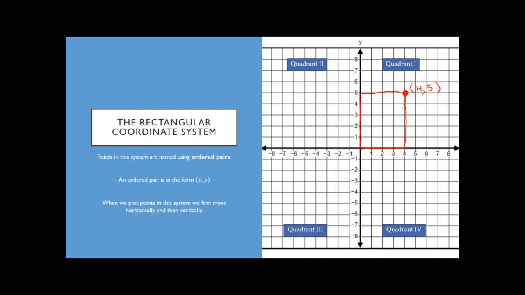And so the X number that it lines up with first, and then the Y value that it lines up with goes second. And then you can see that forms a rectangle shape, hence the rectangular coordinate system. But generally, when we graph it, we only graph the dot. We don't graph the rectangle with it, but you can use that to help visualize the label for it.